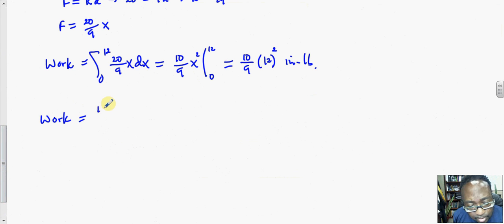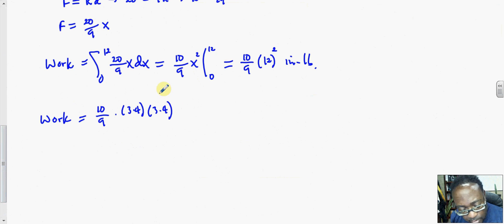So the work is 10 over 9 times 12 times 12. And so the 12 is 3 times 4, then times 3 times 4.